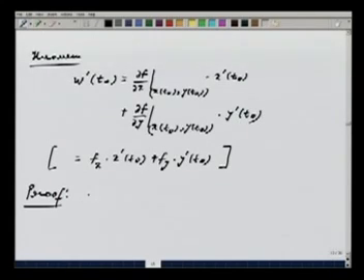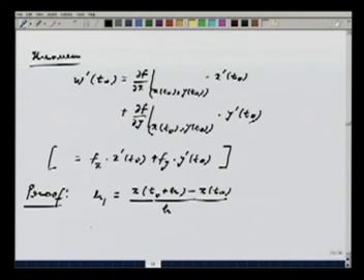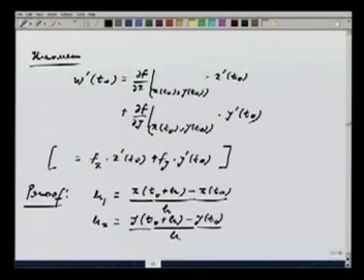First, I define certain things. I define h1 to be equal to x of t naught plus h minus x t naught divided by h, and h2 that is equal to y of t naught plus h minus y of t naught divided by h. Notice here little x and little y stand for functions, in fact differentiable functions.